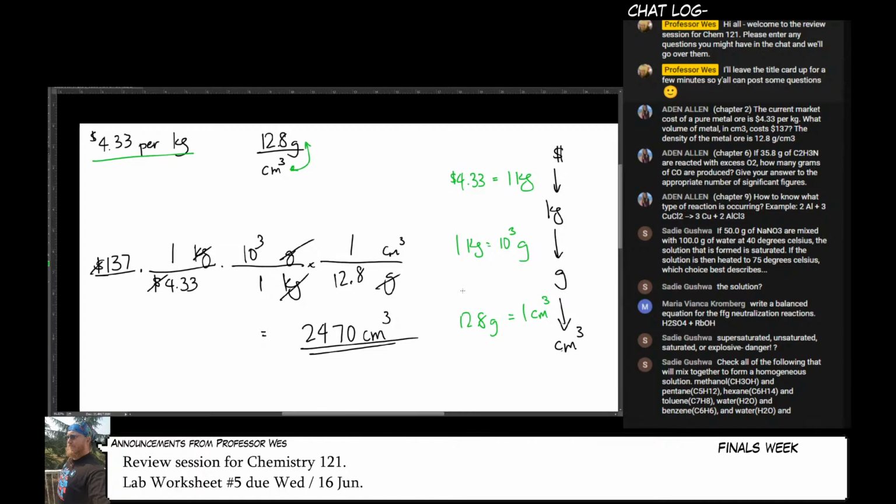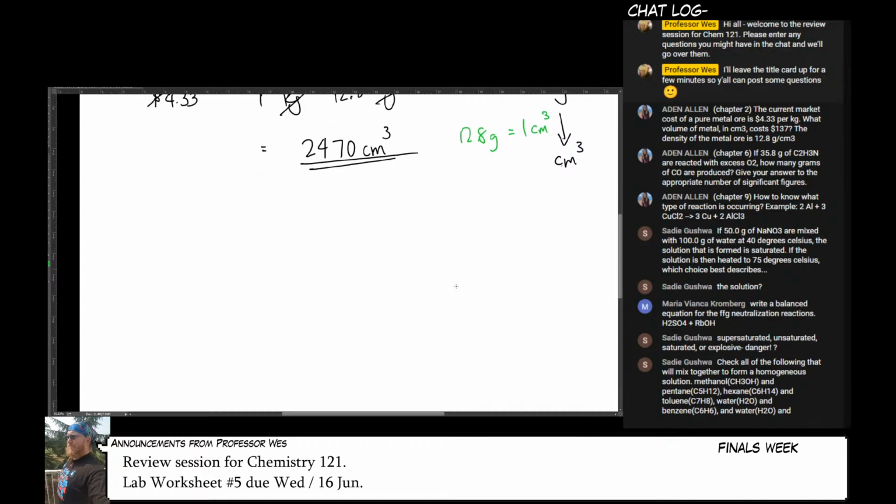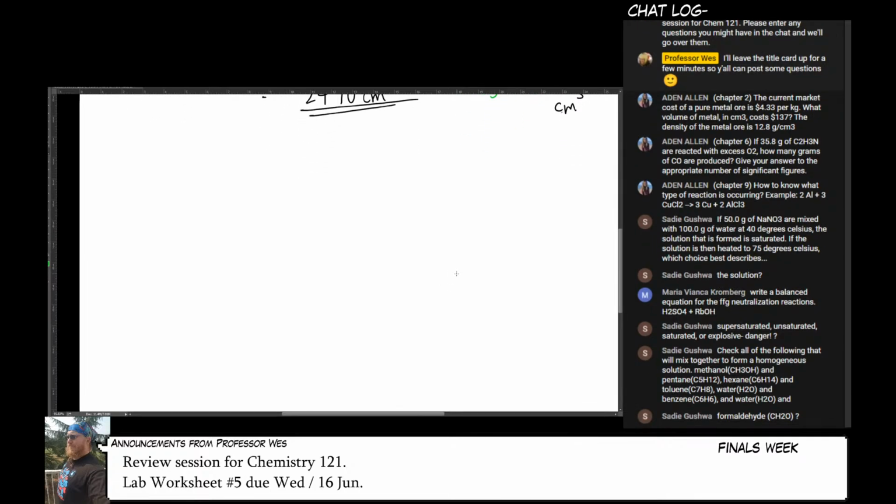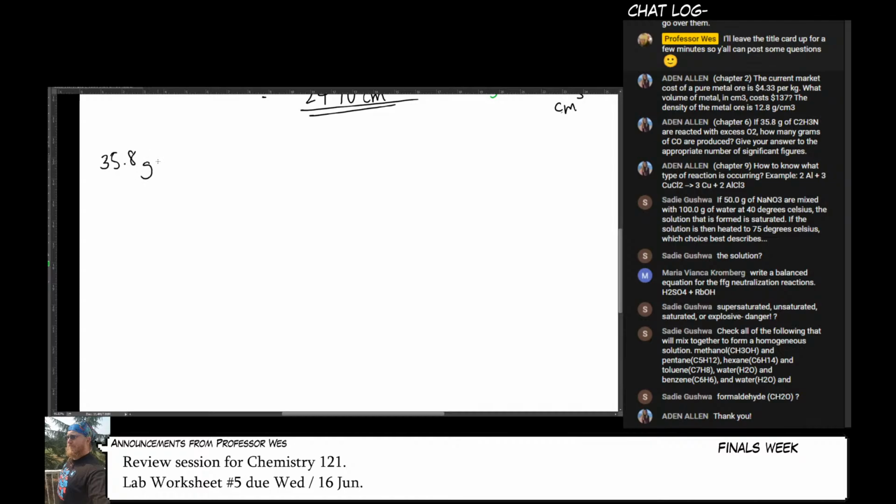All right, so next we'll do this chapter 6 one. I think we did this one at the last review, actually. So we got 35.8 grams of whatever this is, reacted with excess O2. How many grams of CO are produced?